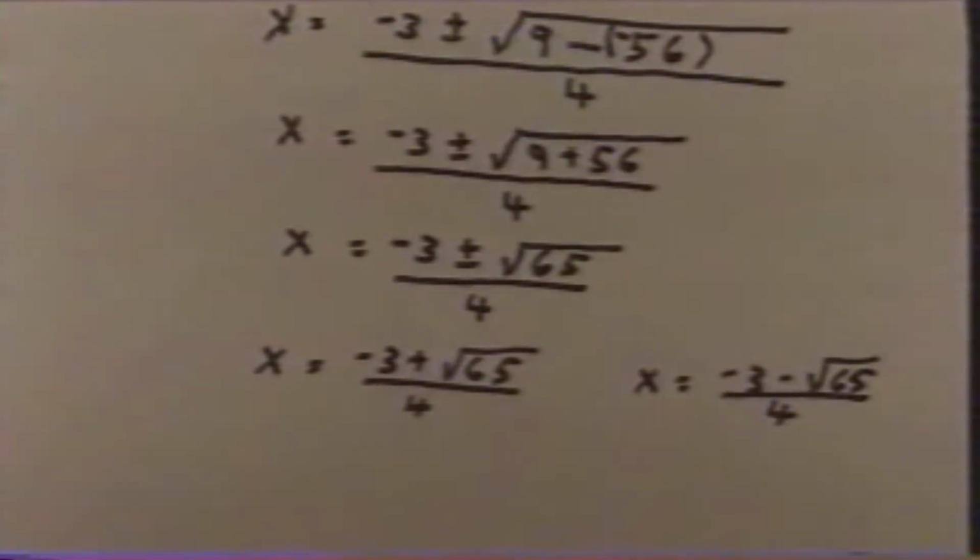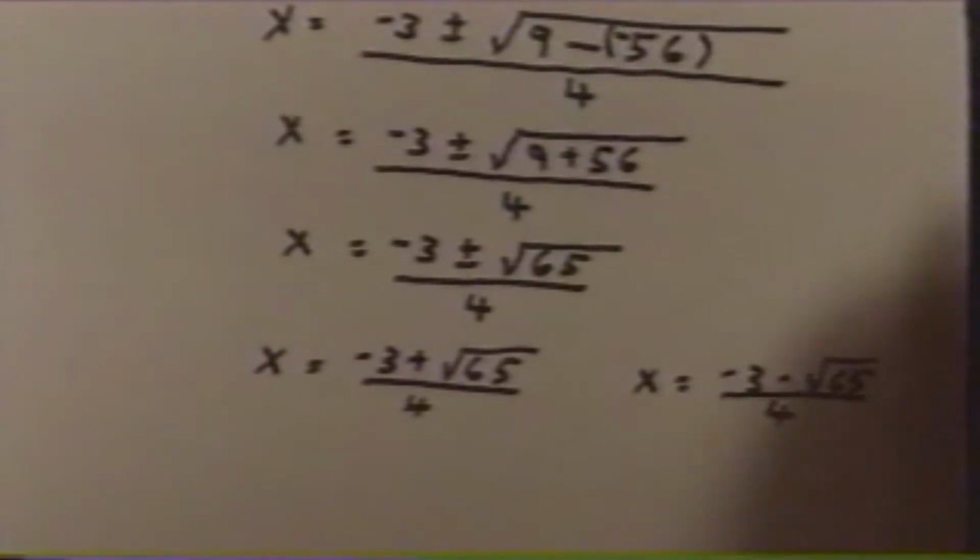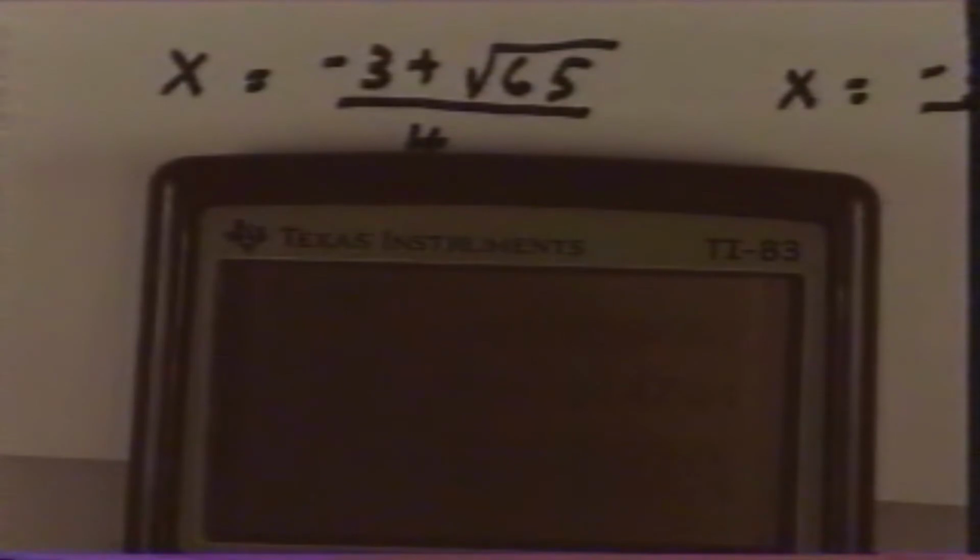I really prefer decimal answers when you're dealing with radicals. So let's take the calculator and get the decimal answers and round to hundredths for these two. Okay, so let's do a negative 3 plus the square root of 65 divided by 4.